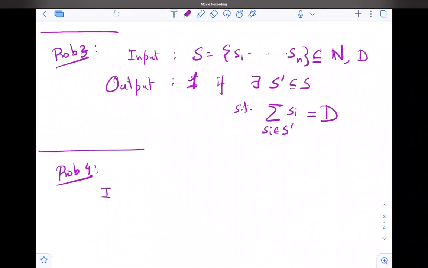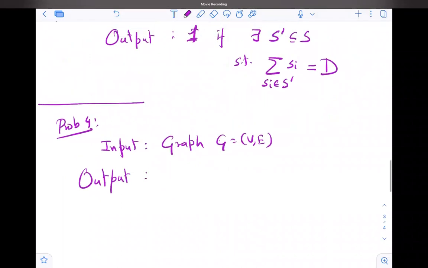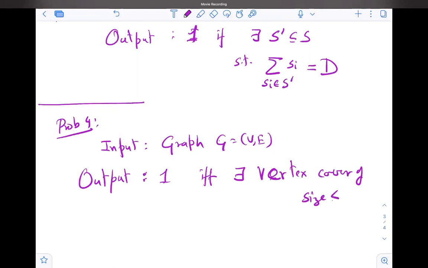Say that I'll give you again the input, a graph G, and the output is 1 if and only if there is a vertex cover of size less than or equal to k.